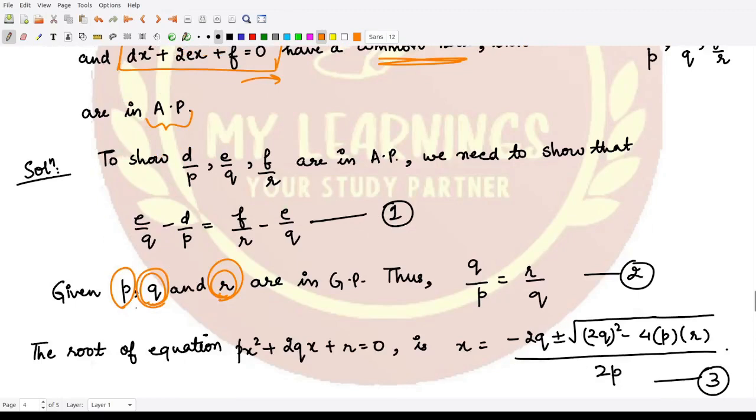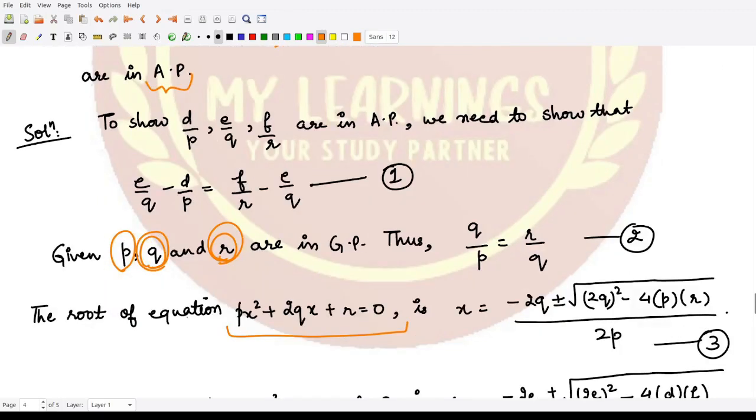The root of any quadratic equation ax² + bx + c = 0 is given by the formula x = (-b ± √(b² - 4ac)) / 2a. In this manner, here your b is 2q, so you have -2q ± the square root of the square of this thing minus 4 into pr, divided by 2 into the coefficient of x², which is p.